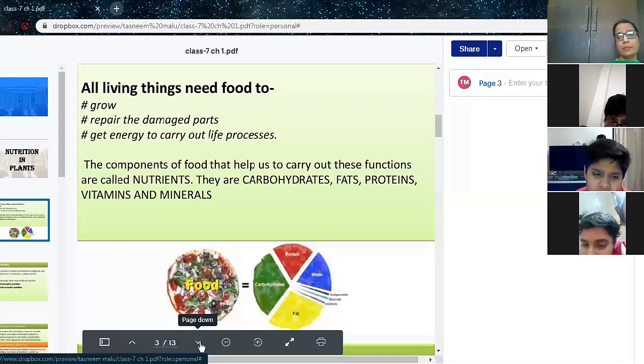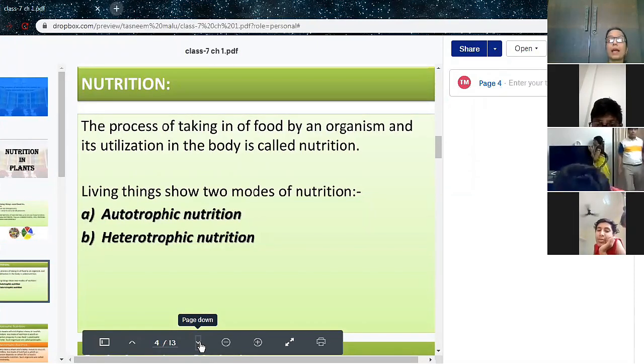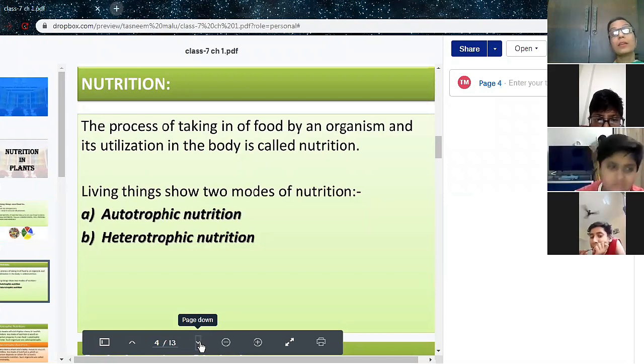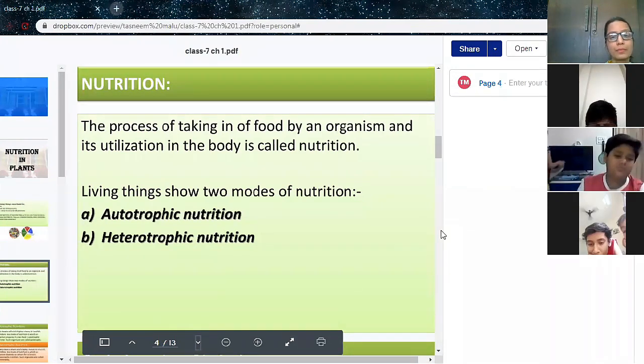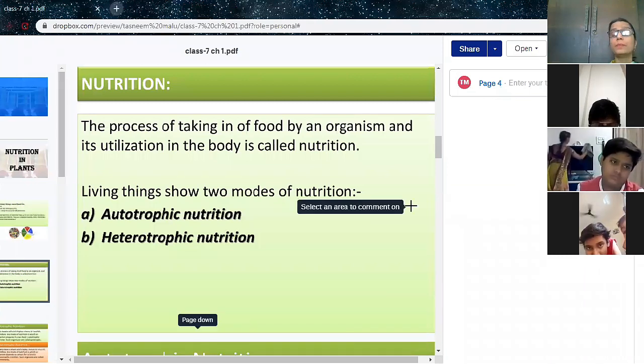Now, what is nutrition? Nutrition is the process of taking in of food by an organism and its utilization in the body. Now, what do we mean by utilization of food in the body? The food we take in gets digested in the body, it then gets absorbed and assimilated in our cells.